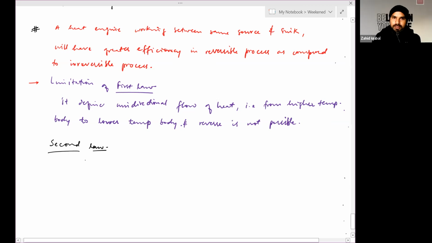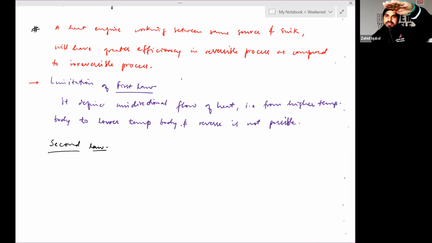In general, for the second law, just remember, it states there will be no possibility of transfer of heat from a lower temperature body to a higher temperature body unless some work is done for this particular process. Let me explain with an example. Suppose you have to lift an object from the ground to a higher surface.